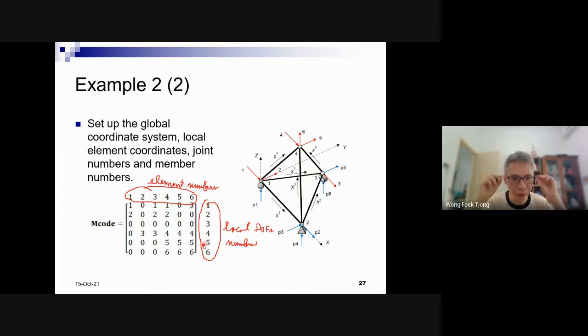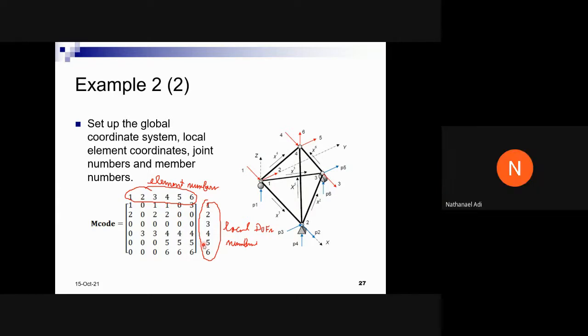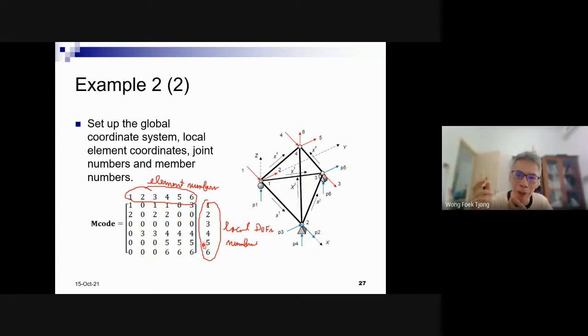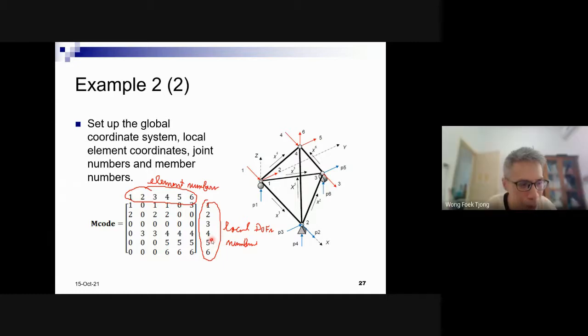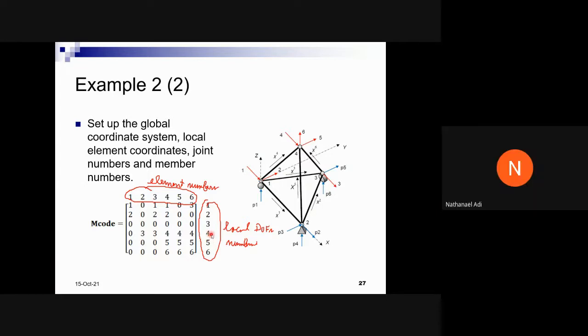Any questions regarding MCOT? Sir, I want to ask something. This step is very important. Yes, what's your question? The direction of the degree of freedom of the members, is it... Is your question about global or local? The global.